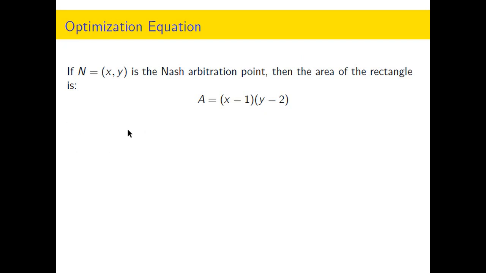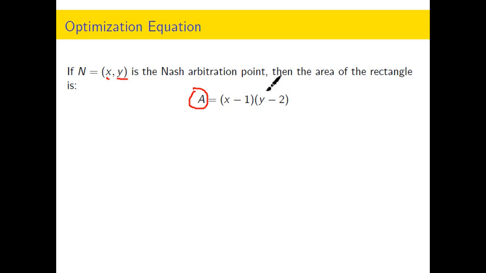Remember, every optimization problem starts off with something we're trying to maximize or minimize, and we want to maximize this area. The area of the rectangle is just the difference in the x-coordinate of the Nash point minus the x-coordinate of the status quo, which was 1, times y minus the y-coordinate of the status quo, which was 2.